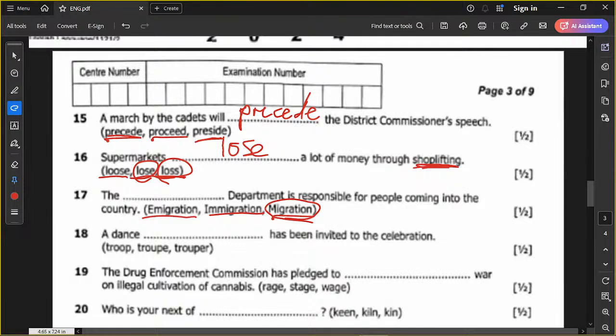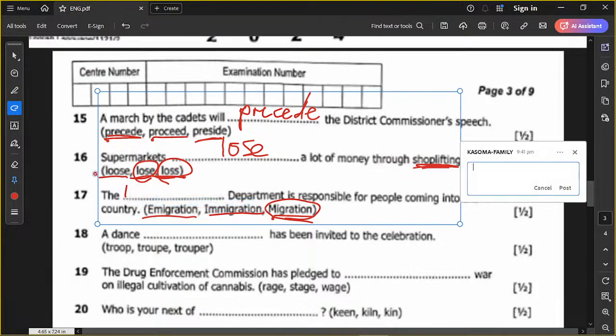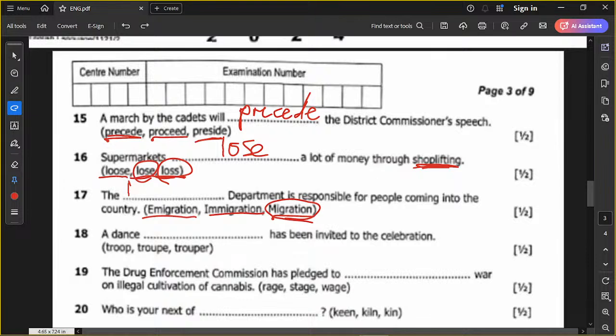So the correct answer is immigration, that starts with I. Okay, so the one that starts with E, if it's a department that is responsible for people going out of the country, then we could have used the first one. Okay, we come to question 18.